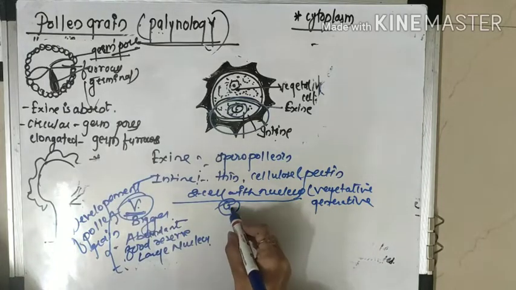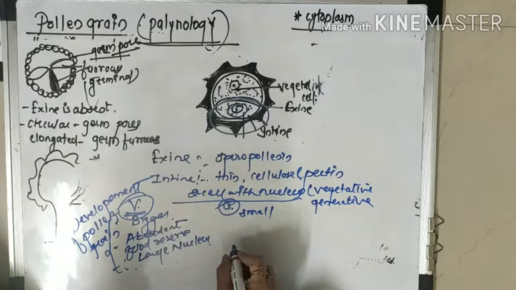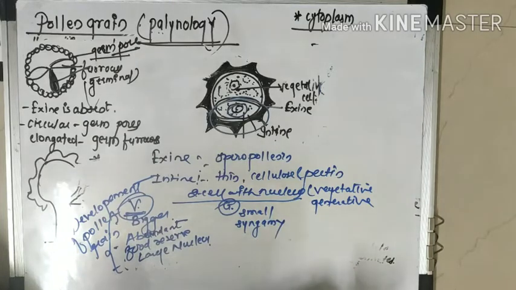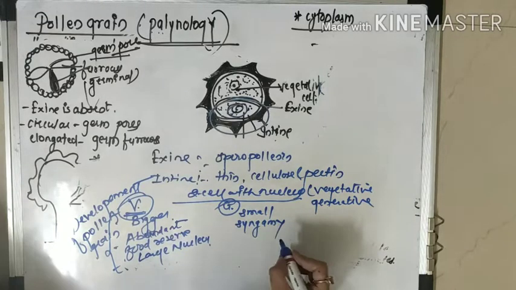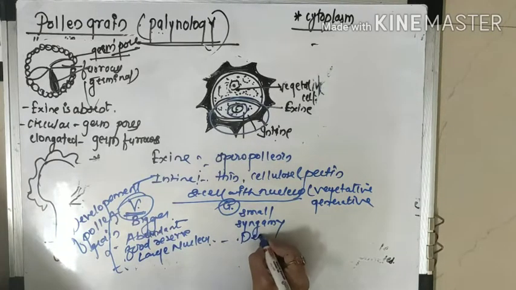Understood? But the generative cell is very small. It is involved in syngamy. What do you mean by syngamy? Fusion with the egg. This is fused with the egg, right? It has dense cytoplasm and a nucleus.